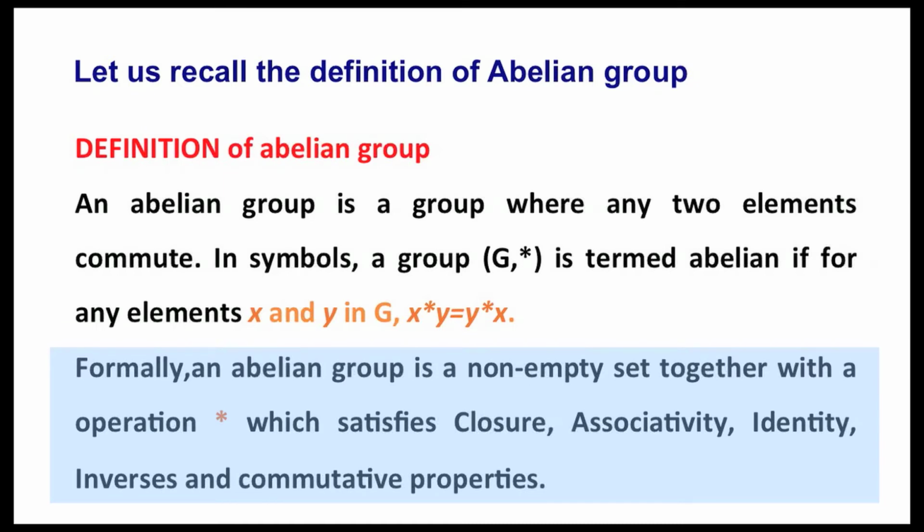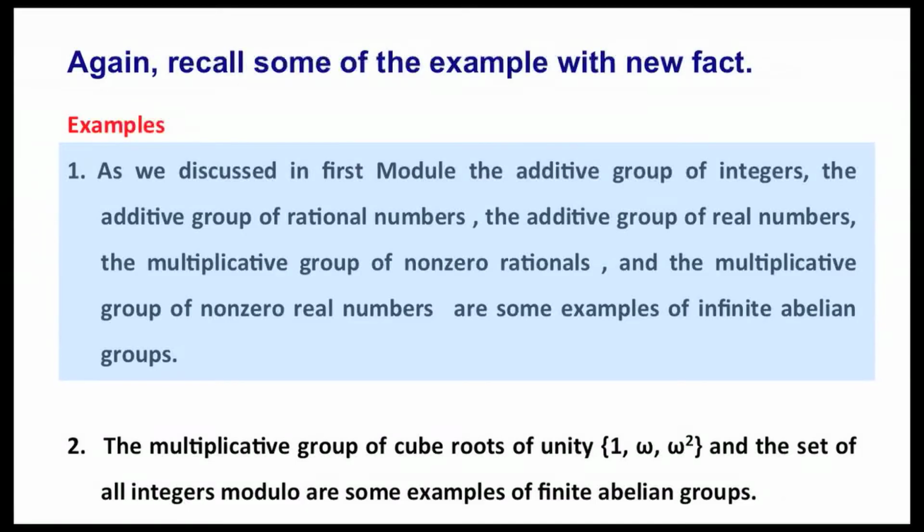commutative properties. Again, we shall recall some of the examples with a new fact. First one, as we discussed in the first module, the additive group of integers Z, the additive group of rational numbers Q, the additive group of real numbers R, the multiplicative group of non-zero rationals Q or non-zero reals R are some examples of infinite abelian groups.